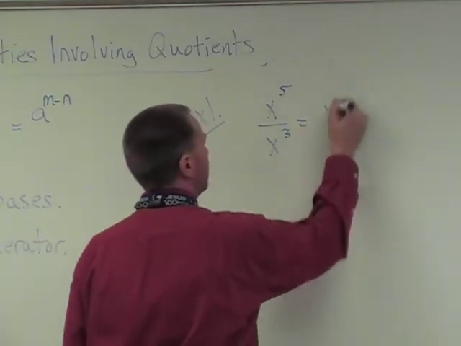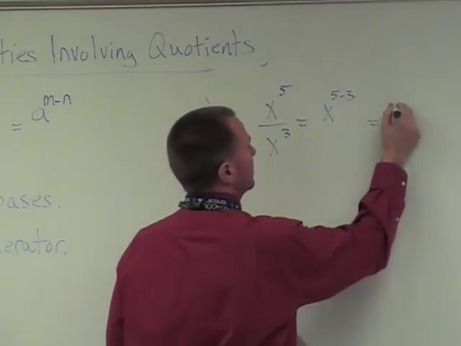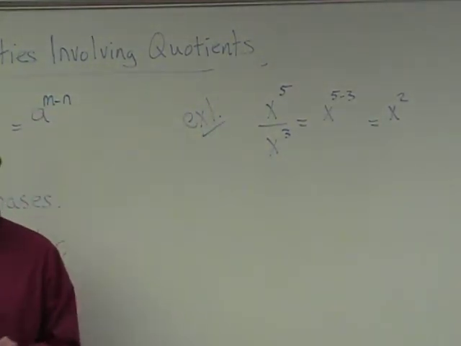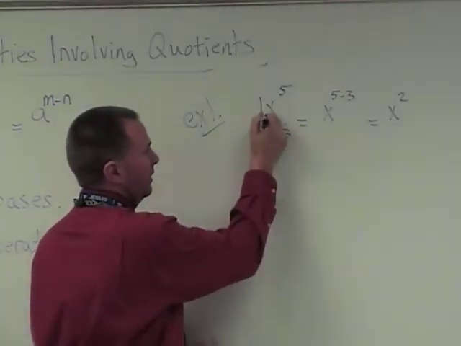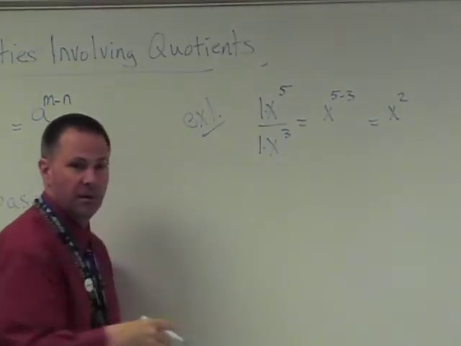Put the x in the top, take the top exponent minus the bottom, and you get x squared. There's nothing left in the bottom other than a 1. It's not 0. Everything has a 1 in front of it, right? So there's still that 1 in the bottom, I just don't need to write it. Does everybody understand that?